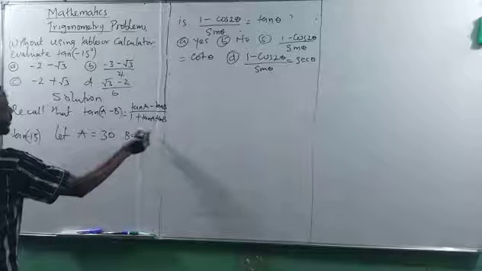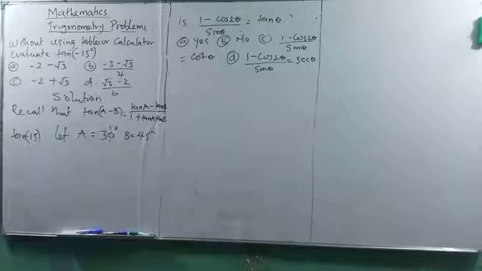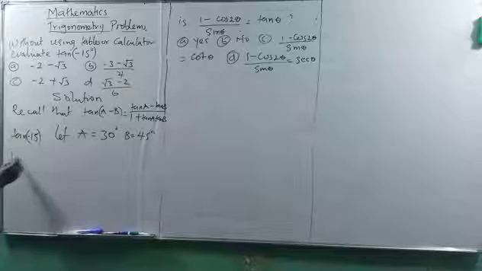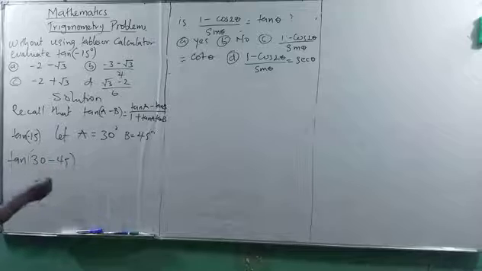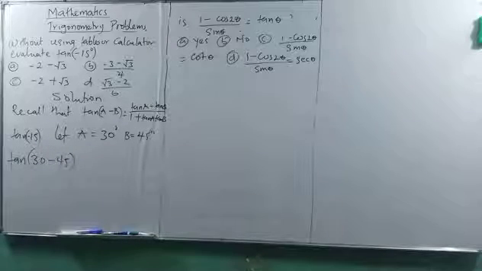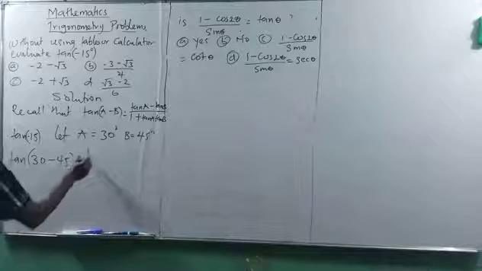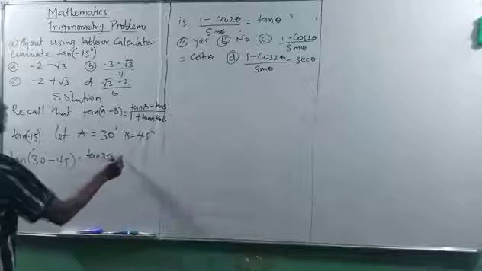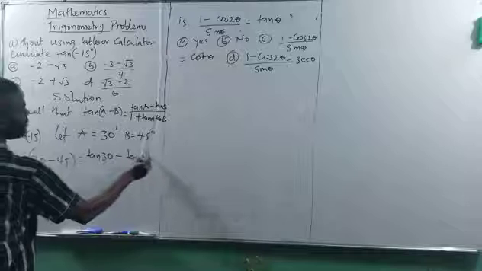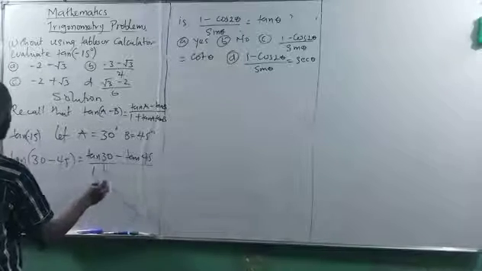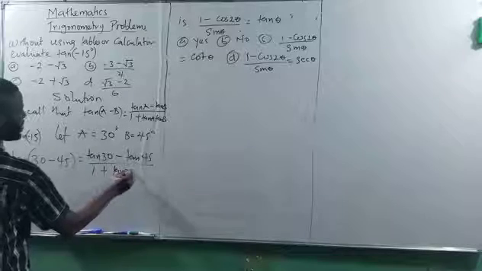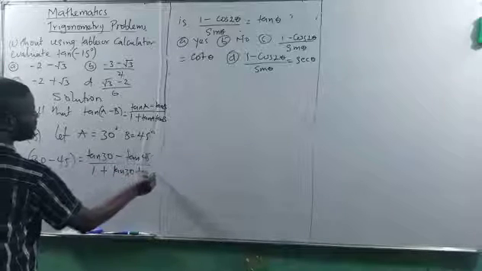I think with this I'll be able to get it. It means tan of 30 minus 45 will surely give me minus 15. Now, it means it will give me tan 30 minus tan 45, divided by 1 plus tan 30 times tan 45.